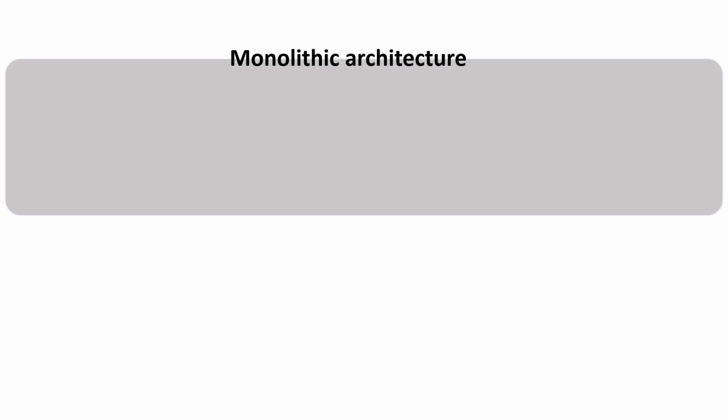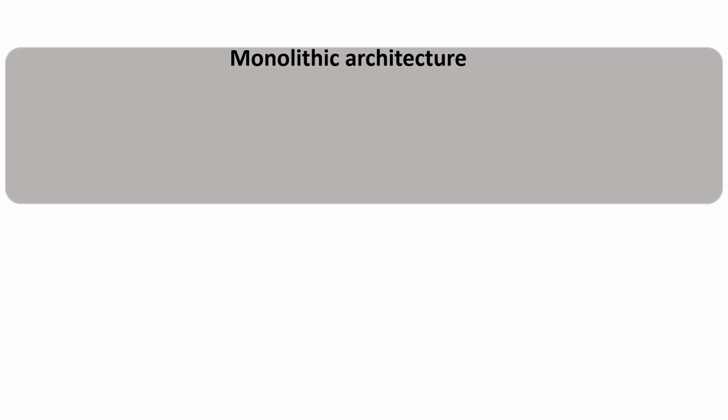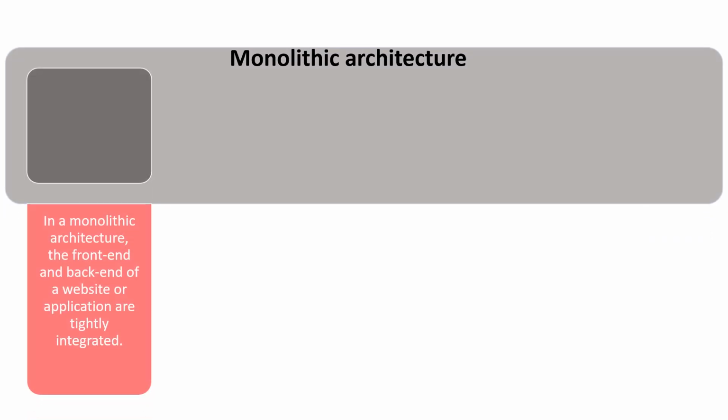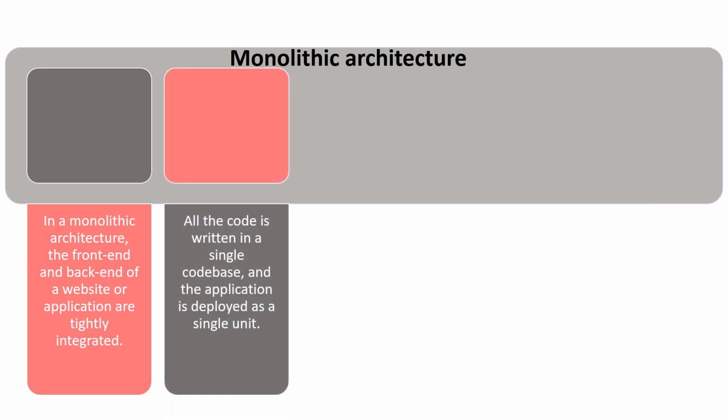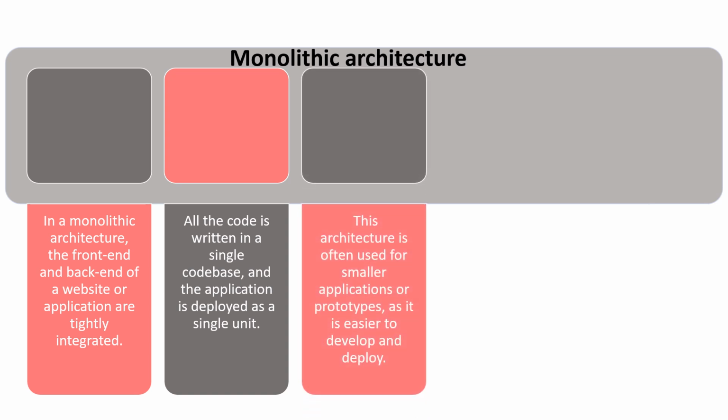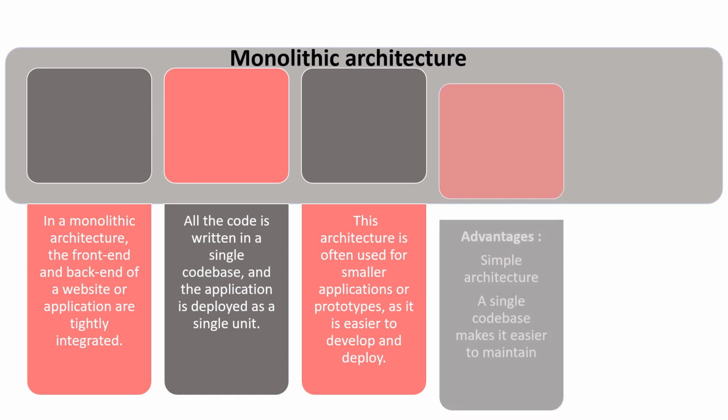First we can see what is monolithic architecture. In that, the front end and back end of the website are tightly integrated, all the code is written in a single code base, and the application is deployed as a single unit. This architecture is often used for smaller applications or prototypes, as it is easier to develop and deploy.